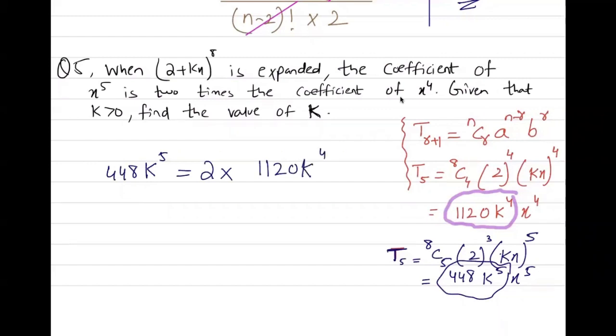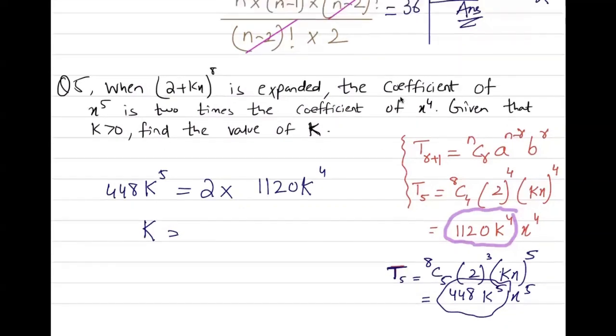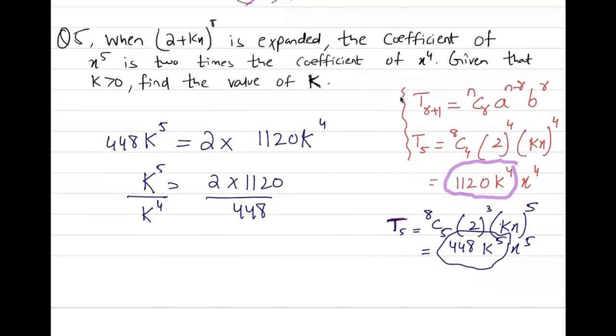So I just need to solve this equation for the value of k. k to the power of 5 divided by k to the power of 4 is equal to 2 times 1120 divided by 448. I hope you guys understand the working that I'm doing right now. k to the power of 5 divided by k to the power of 4 is k to the power of 1. And this thing results in 5. So the k value is 5.